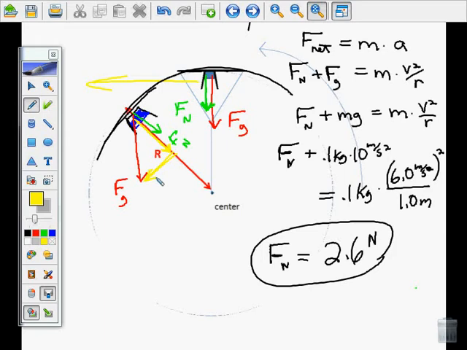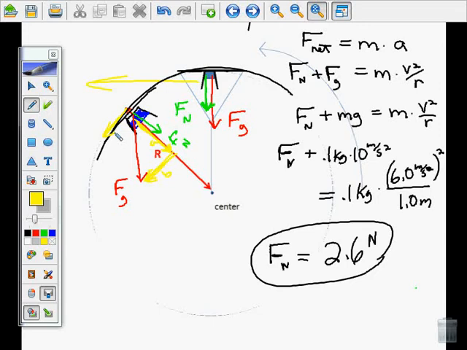If I call this one Fg A, and this other one Fg B, which component is going to be contributing to the centripetal force, A or B? A, because that part of the weight is going to be helping the normal force push the glass towards the center. B wouldn't be helping at all. B ends up helping speed up the glass in the tangential direction. So it's definitely a doable problem. It's just that Fg would have to be broken up into components.